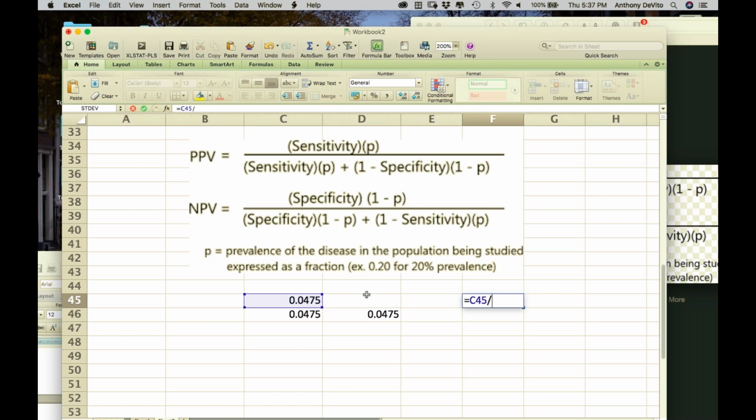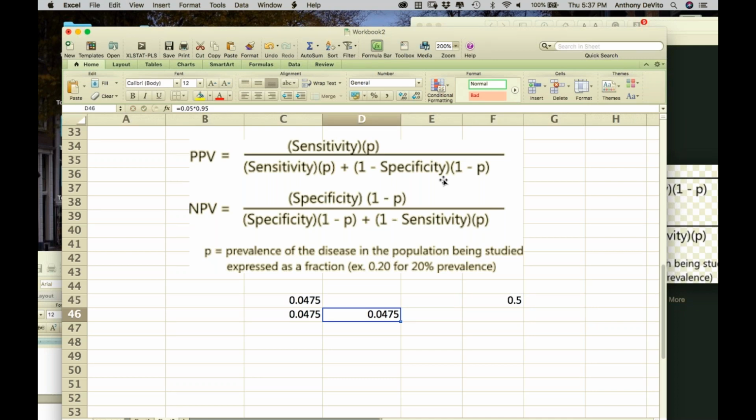Put parentheses, this plus this, enter, and oops, something like that. Did I get the 1 minus p wrong? Did I do that? I'm going to do this again. This is right, that one.